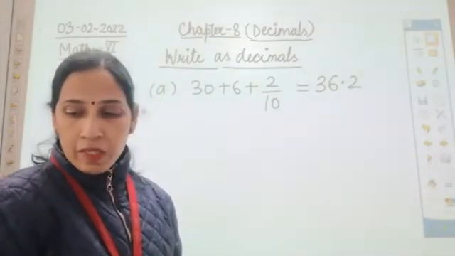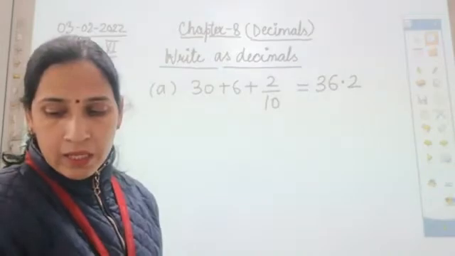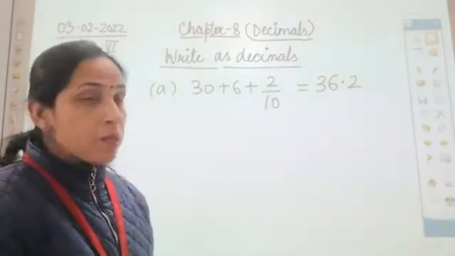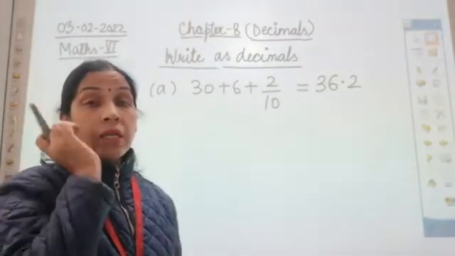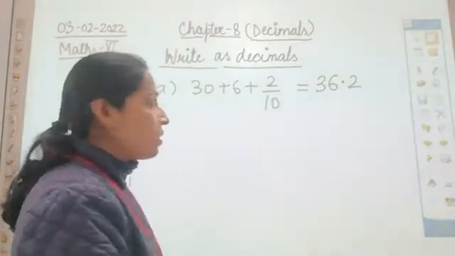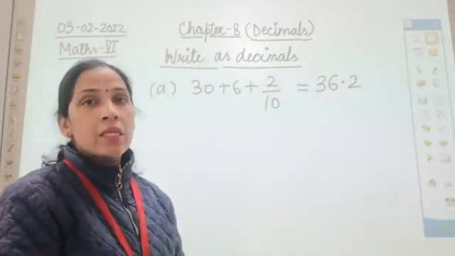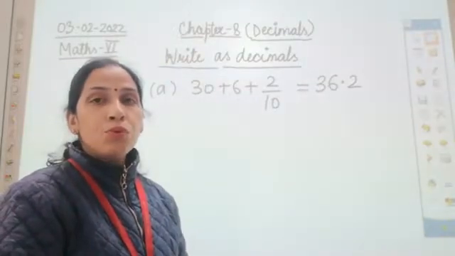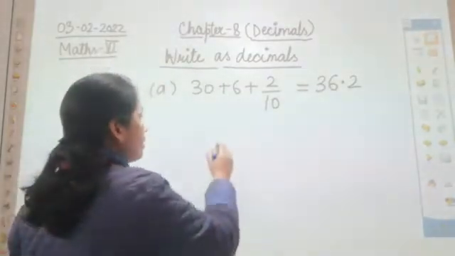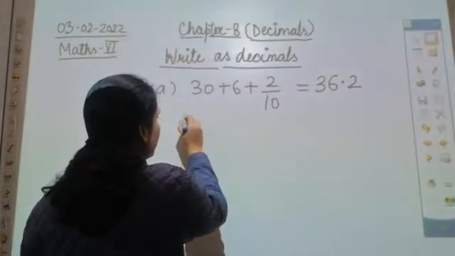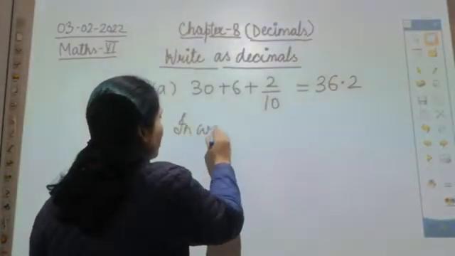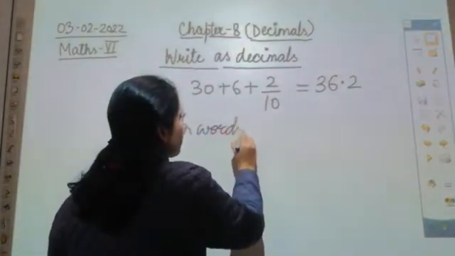36.2, how can we write it in decimal? So 36.2 you can write, or 36 and 2 tenths. How will we write it in words? There are numerous ways to write it in words.